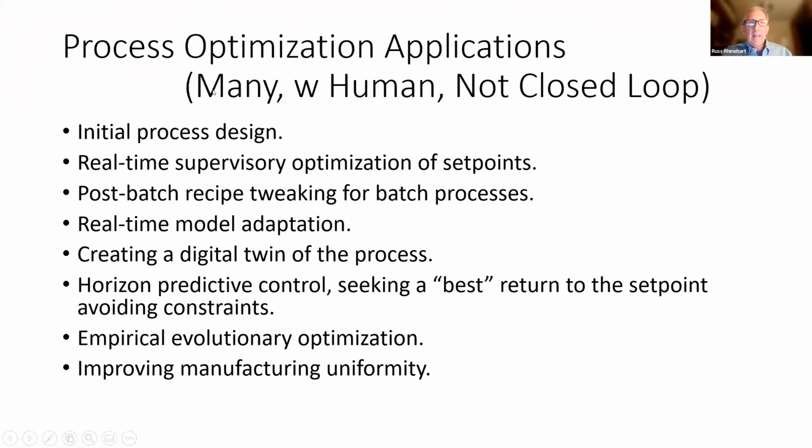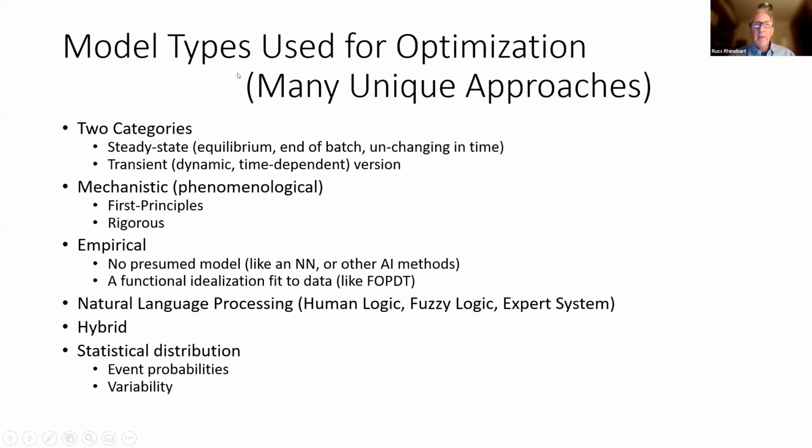But there are many applications for process optimization. All of these have the human playing a strong role in defining the objective function, defining convergence criteria, and it is not closed loop. And what we'd like to do is to move toward autonomy, which would mean closed loop.